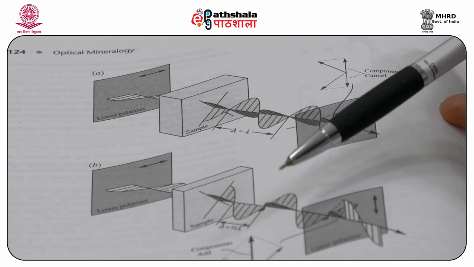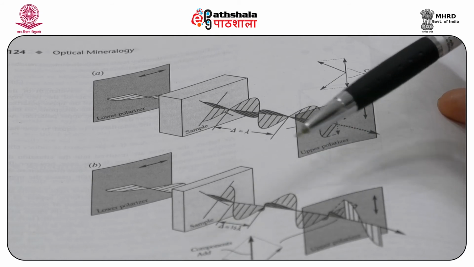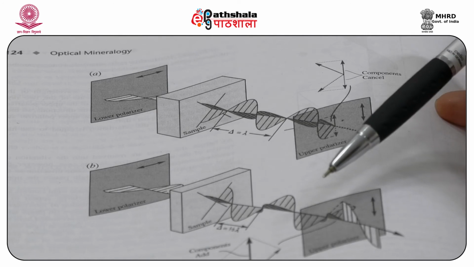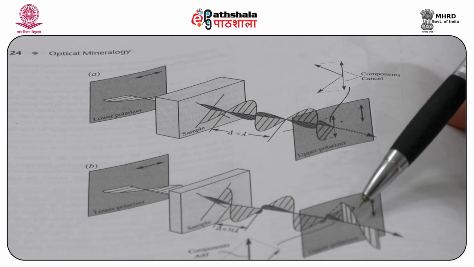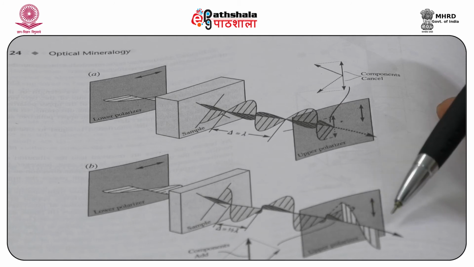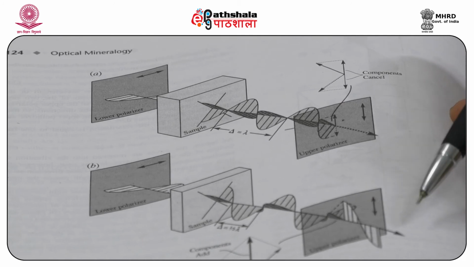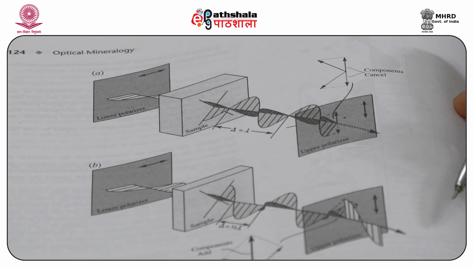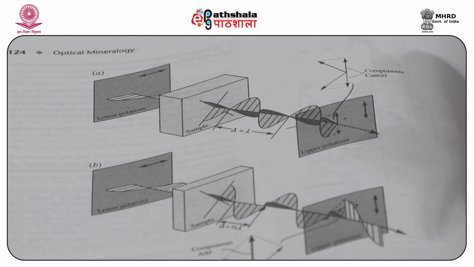Vector components of the two waves get resolved into the vibration direction of the upper polarizer and are in the same direction, so they constructively interfere. Light passes the upper polarizer and the mineral appears bright to us with a variety of colors, which we call the interference color. Accessory plates also are used sometimes to determine the order of interference color.